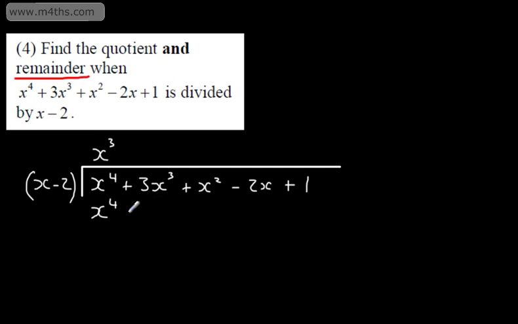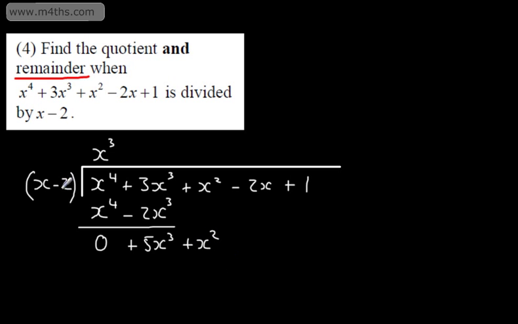Multiplying down, we're now going to have negative 2x cubed. We draw a line underneath and we subtract. We've got 3x cubed, subtract negative 2x cubed, that will give me plus 5x cubed. I'm now going to bring down the plus 1x squared.